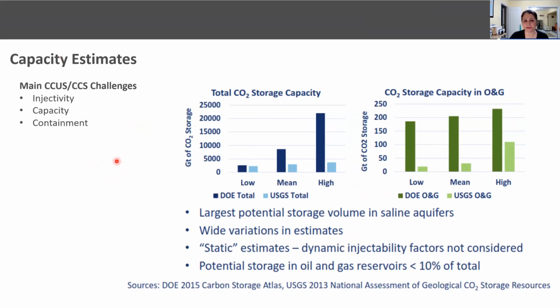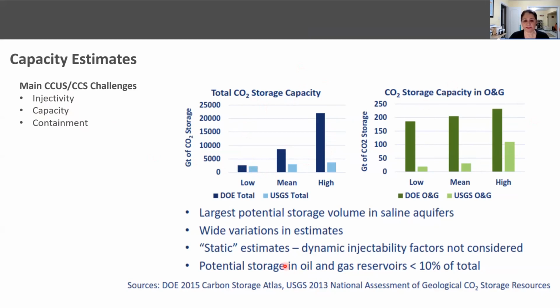And some of the challenges with CCS and CCUS is the injectivity, how to predict what the injectivity of CO2 is going to be, estimate of its capacity, and containment. You don't want the CO2 that you're storing to escape or leak. So these are very critical. And for capacity, there are different softwares and different methods that you can use to estimate the capacity of CO2, again, in saline aquifers, which is this plot, versus oil and gas reservoirs.